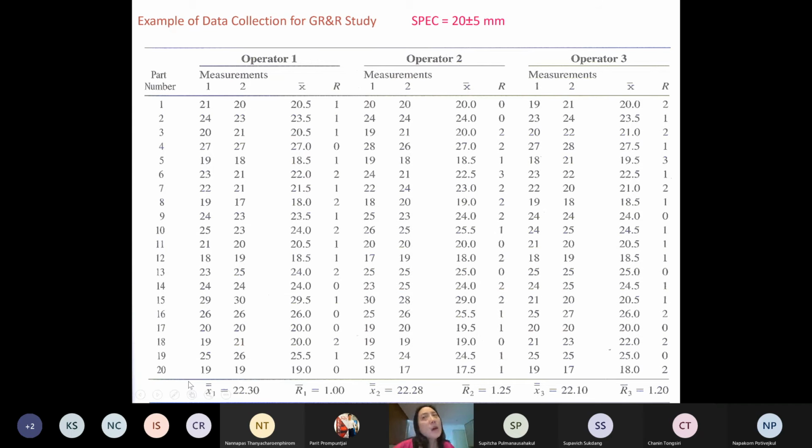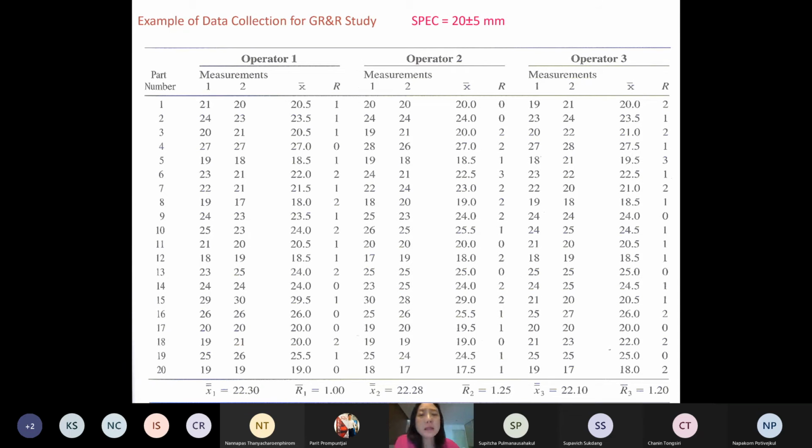But in this case we have 20 parts. To calculate the indicator that tells us about the performance in terms of reproducibility, we will not do the same thing as what we have done for the attribute data, like we did in this class.